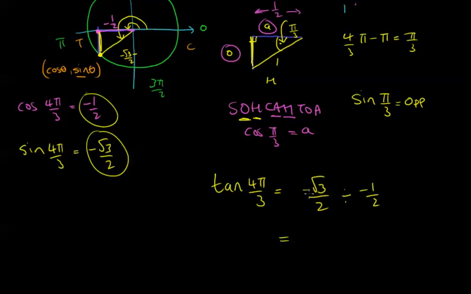Remember, two minuses make a plus, that's what we discussed, that only tan is going to be positive, so we got that already. So root 3 over 2, change it to a times, flip the other one, 2 over 1, right, well, the 2's cancel out, and we're just left with root 3 over 1, which is just root 3, so tan of 4 pi over 3 is going to be just root 3. And that's it.